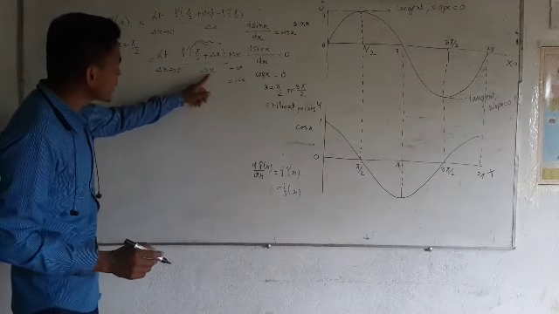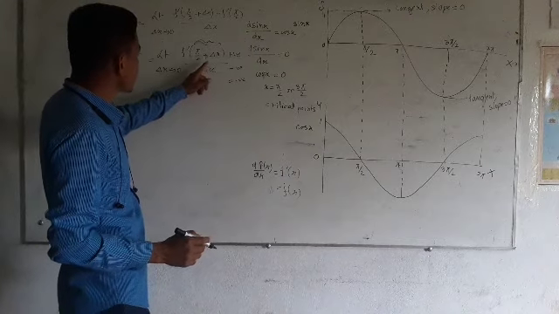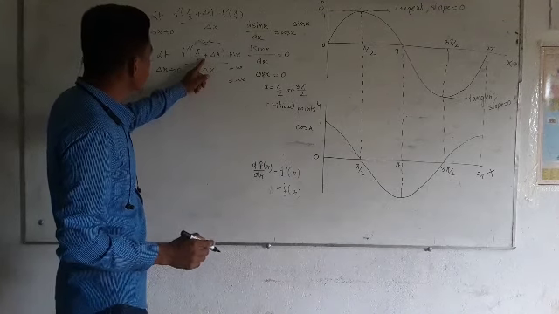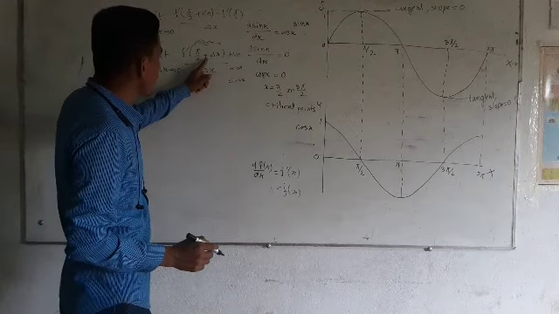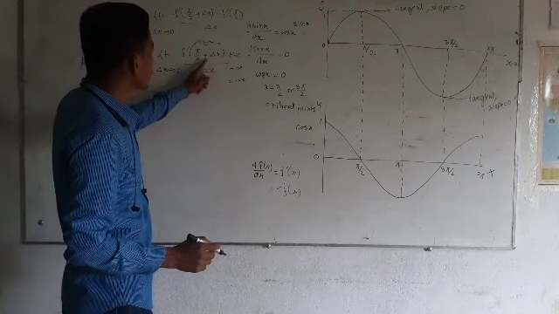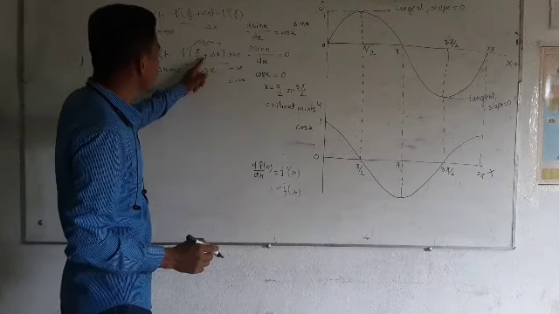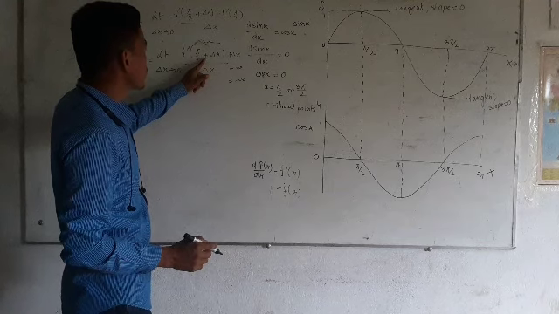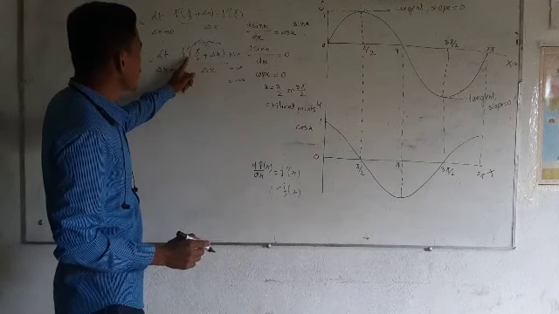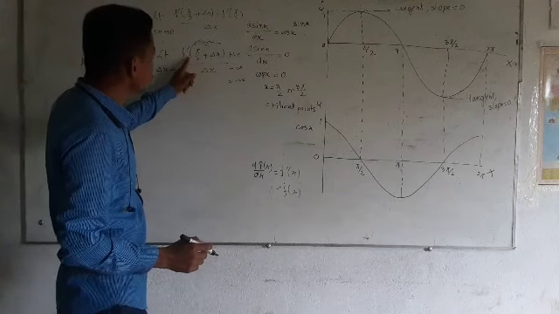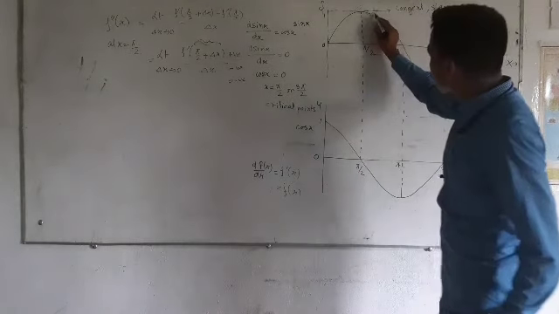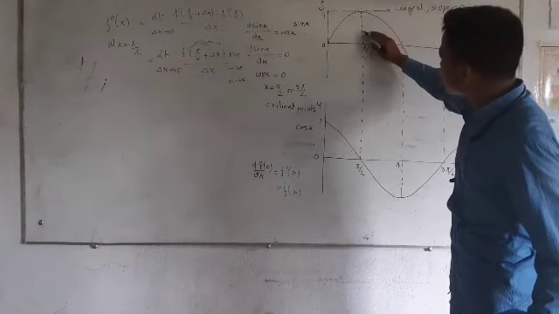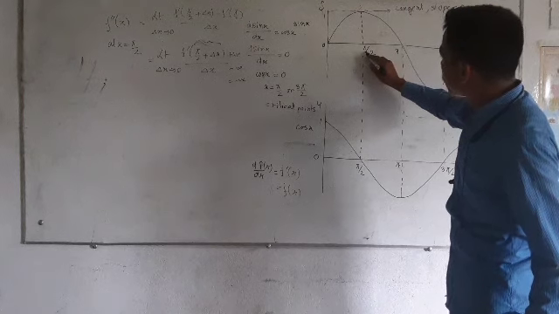When I take delta x to be positive, this argument will be greater than pi by 2 because some positive number is added to the angle pi by 2. Therefore, this angle will be greater than pi by 2. This part of the derivative of the function will represent the slope of the curve lying to the right of the vertical line touching the angle pi by 2.